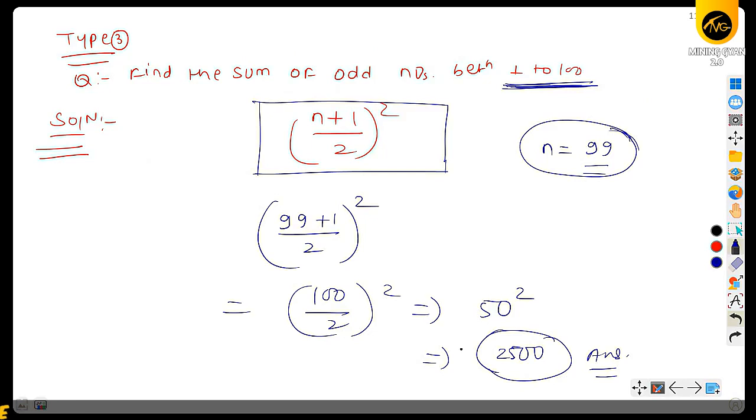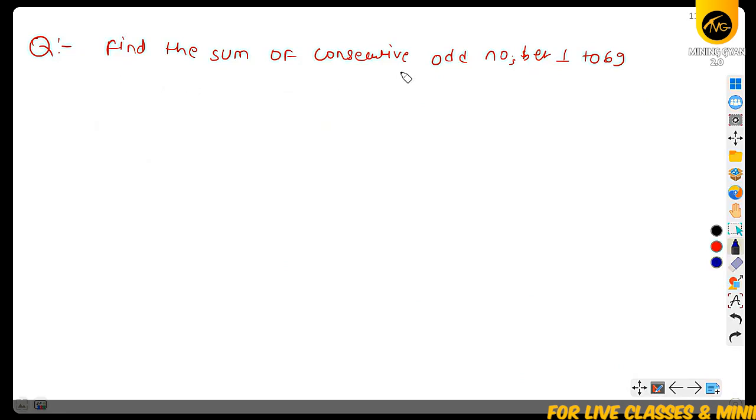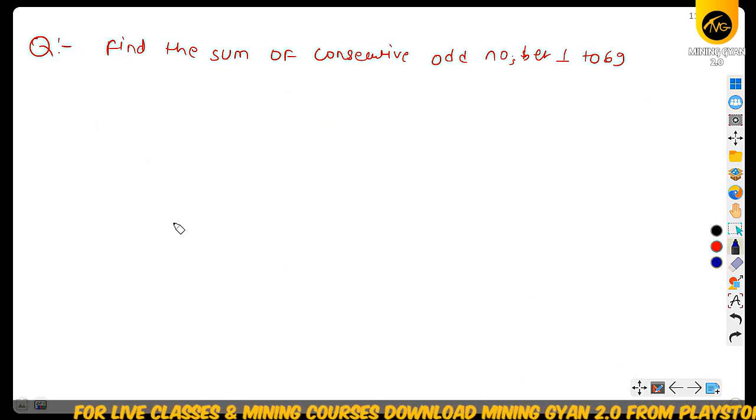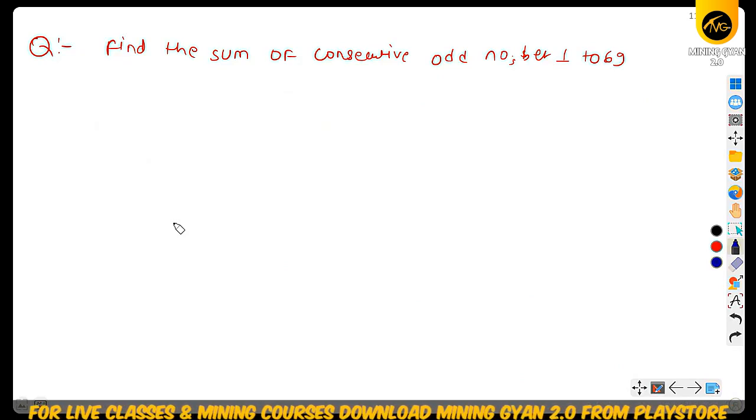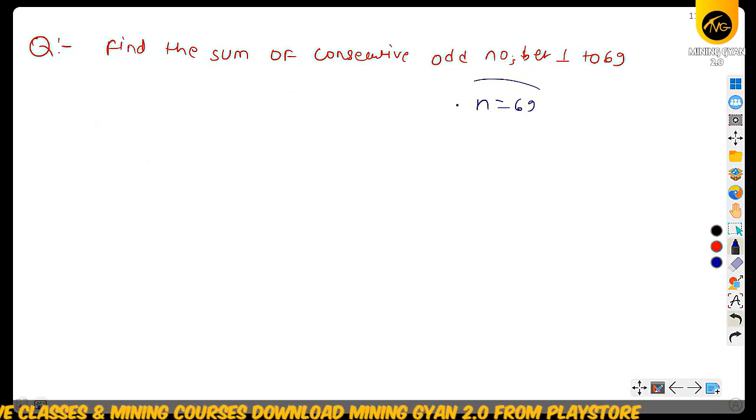Now the second one is a similar kind of question. Find the sum of consecutive odd numbers between 1 to 69. Now, 69 is an odd number itself. That's why you use n equals 69, right?